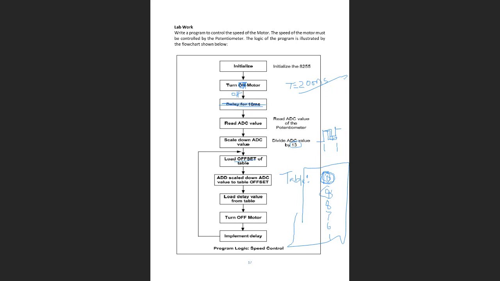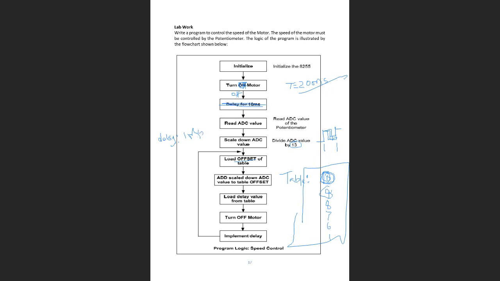So then we add the scaled down value of ADC to the offset table, and then load the delay value from the table. We know the delay subprogram, like this is the delay subprogram for 1 millisecond.